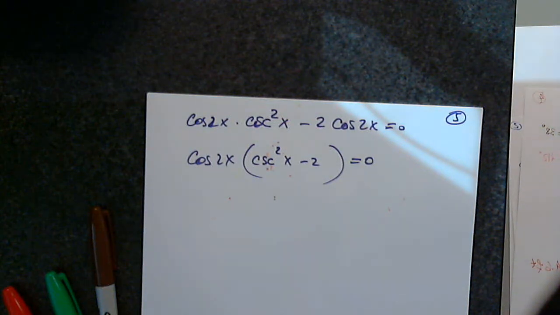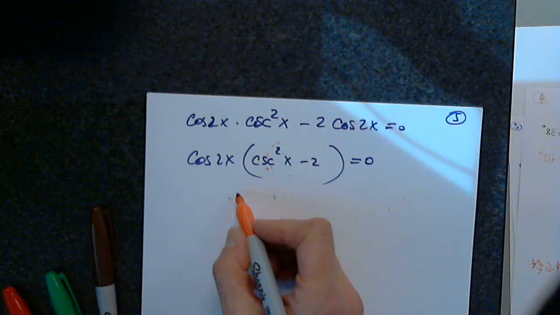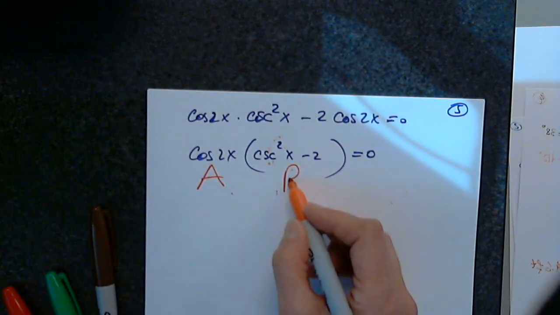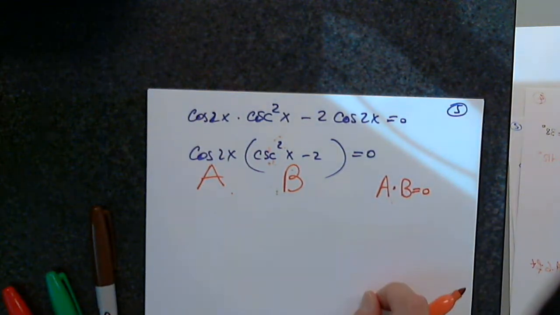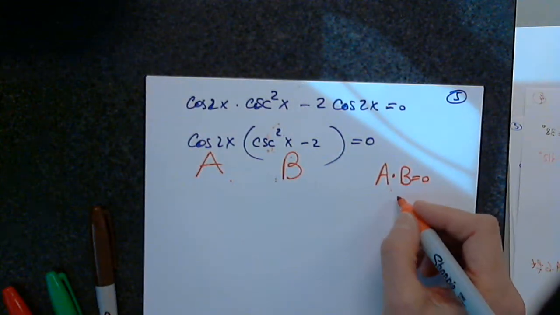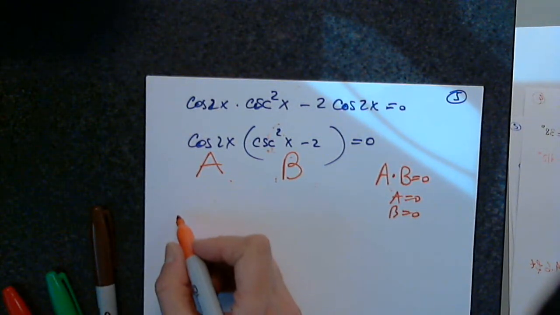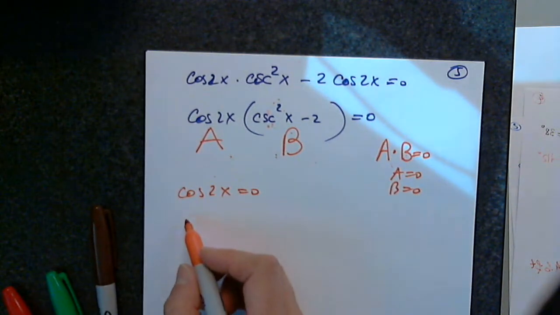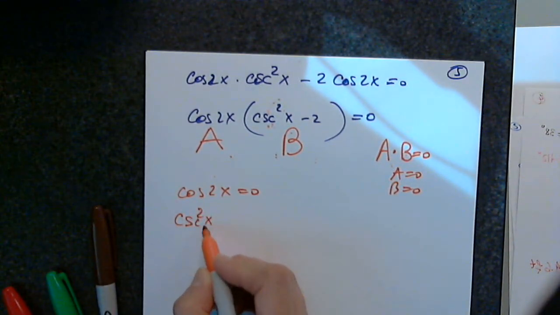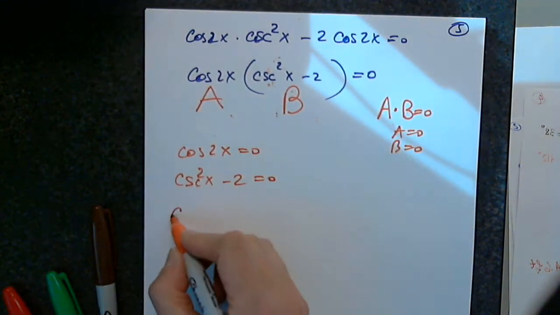So what do I have to write immediately? This is factor A and this is factor B. If factor A times factor B is 0, what are the options? A is 0, or B is 0. So cosine 2x equals 0, and then cosecant squared x minus 2 equals 0. Yes, exactly. Let's solve the first one.